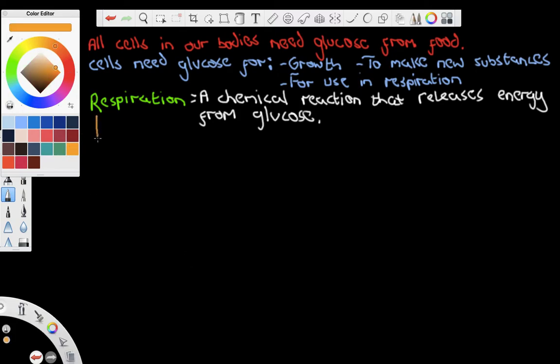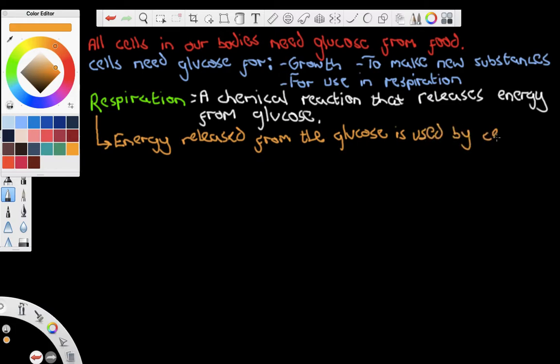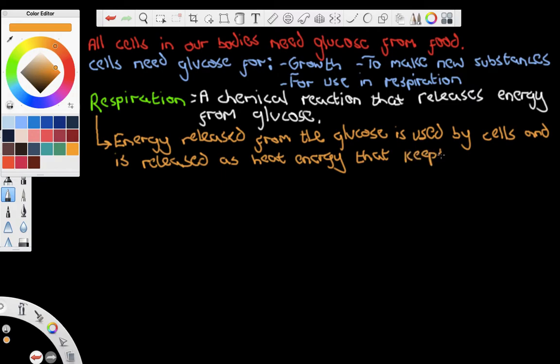So we can add underneath here by saying that the energy released from the glucose is used by cells and is released as heat energy that keeps us warm. Okay.